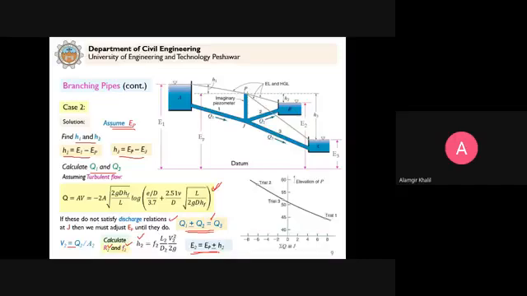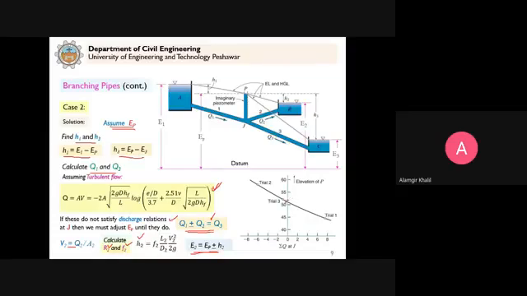So as I said, since it is a trial and error procedure, we should have minimum 2 trials in order to use this diagram to calculate the correct value of P, which will give us the net flows, meaning inflows minus outflows, equal to 0. Because in that case continuity will be satisfied.